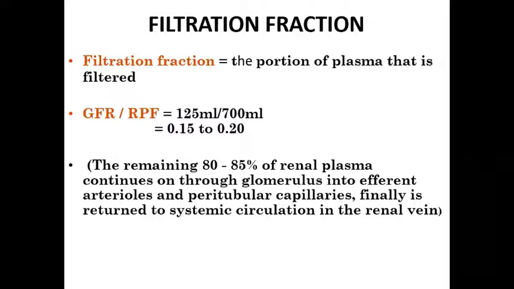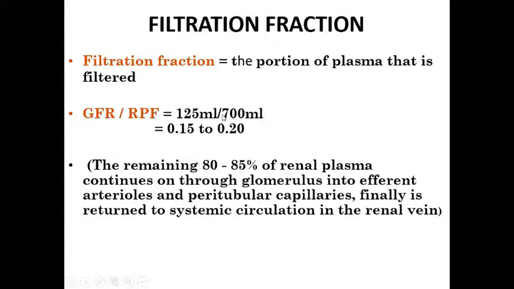So the filtration fraction is calculated as the glomerular filtration rate, which you've already estimated using creatinine or inulin, divided by the renal plasma flow. The renal plasma flow ranges from 600 to 700 mils, so let's take the maximum, which is 700 mils. We said the glomerular filtration rate is around 125 mils per minute.